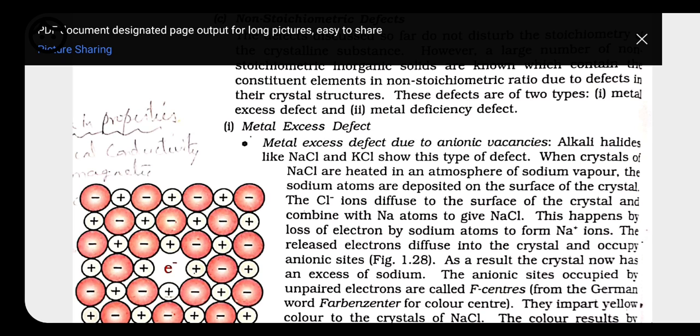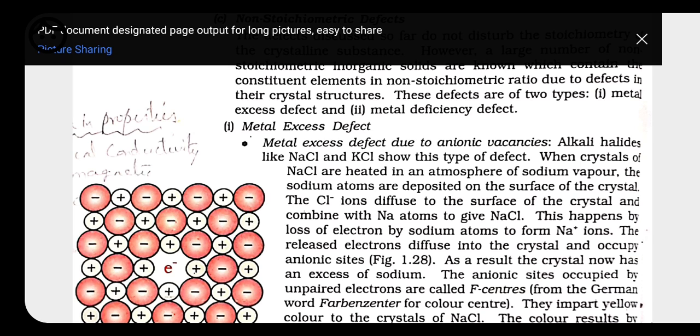Second, it also starts showing paramagnetic character. Paramagnetic means what? Unpaired electron. If an unpaired electron is present, then it shows paramagnetic character and has the tendency to be attracted by a magnetic field. So it becomes paramagnetic. Third property, which is a very important property: the site where the electron is kept is called the F center.